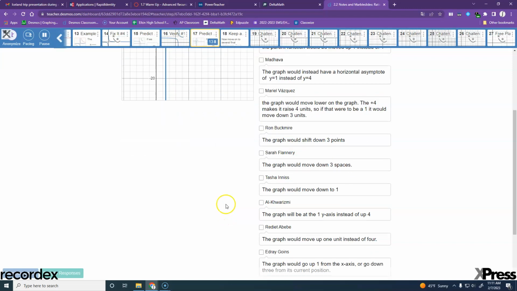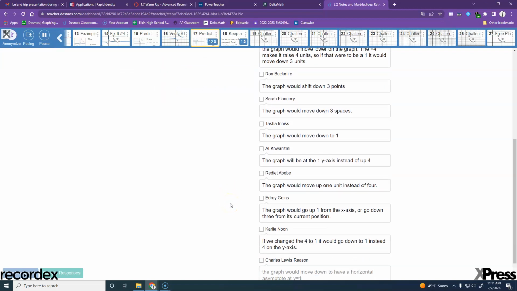Very similar for this one. So the graph would move down to 1. They talked about the original graph moving down, but it would be better if we talked about what exactly is at 1, right? So the horizontal asymptote of the graph would be moved down to 1 would be a better way to say that.